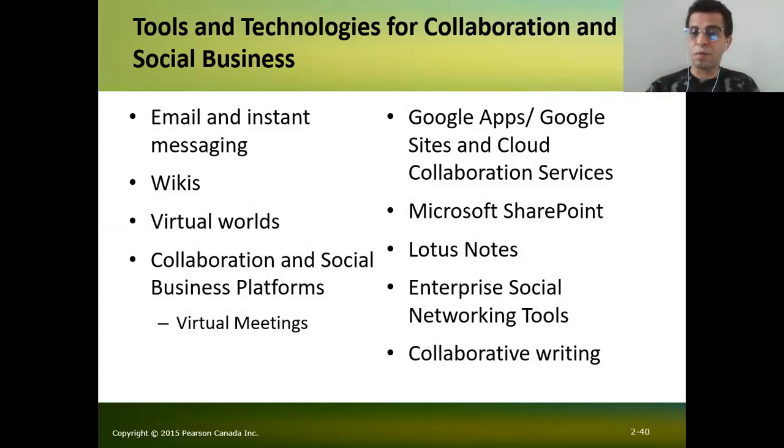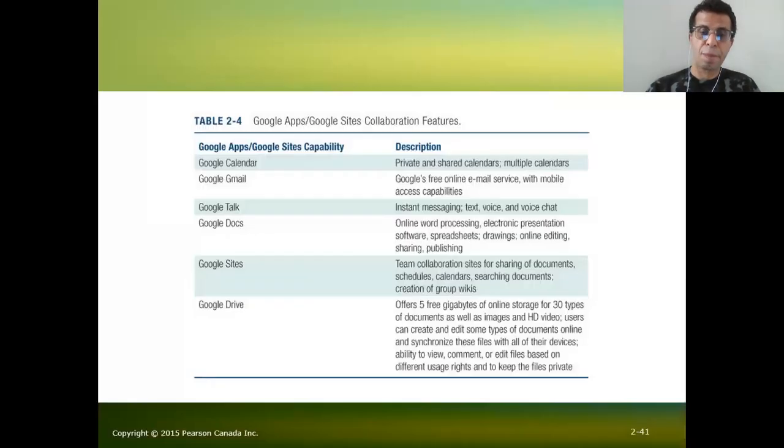We have IBM Lotus Notes, enterprise social networking tools, and collaborative writing. Google Apps and Google Sites, you have seen and used, made of Google Calendar, Gmail, Google Talk, Google Docs, Google Sites, and Google Drive. All these tools help you to have better collaboration.